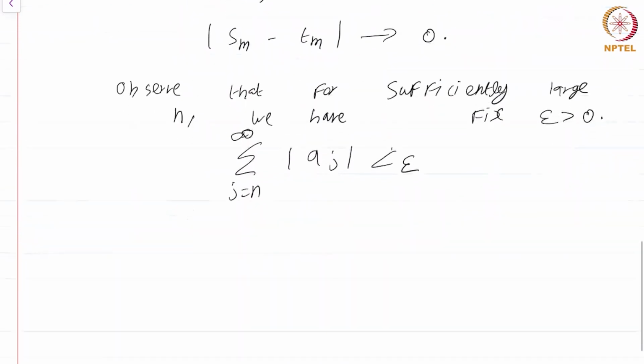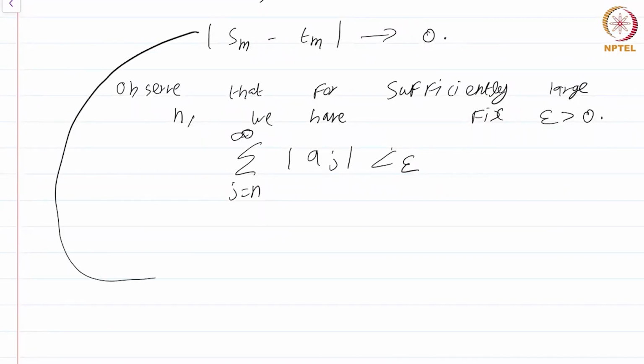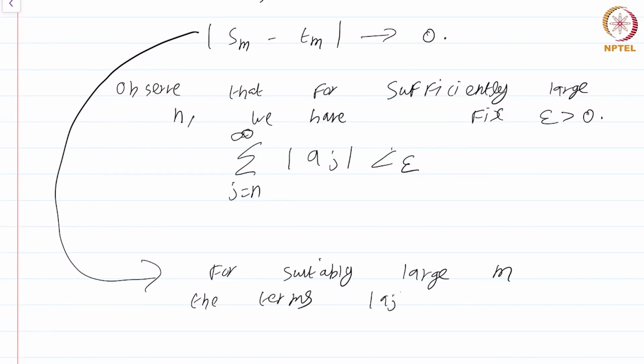Now, what you do is you look at this mod Sm minus Tm, then for suitably large m, the terms Aj, j less than n itself is enough, will occur in Tm.